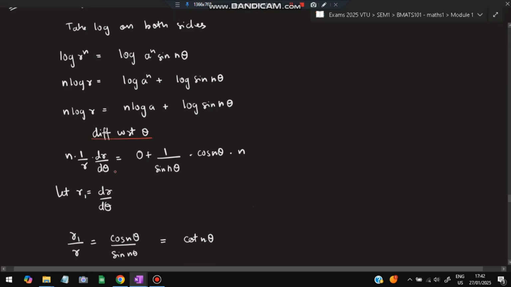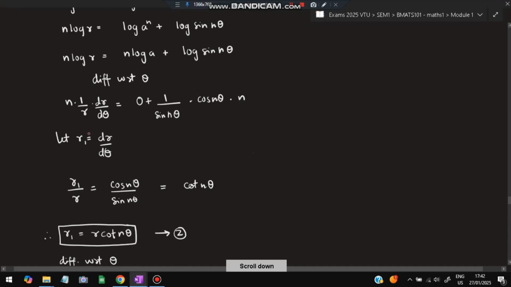After that we'll be differentiating with respect to theta. When we differentiate with respect to theta for both of these, we'll be getting n into 1 by r into dr by d theta is equal to, this one will become 0, and this will become 1 by sin n theta into the differentiation of sin n theta, which is cos n theta into n.